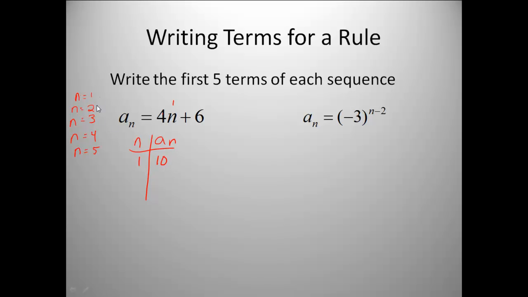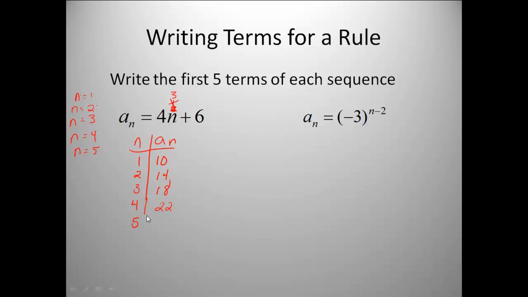Then I would go down and do n to be 2. So I would plug a 2 in for the n. 4 times 2 is 8, plus the 6 is 14. So when n is 2, I have a 14. Then I would do the same thing with 3. Gives me 18. Plug a 4 in is 22.